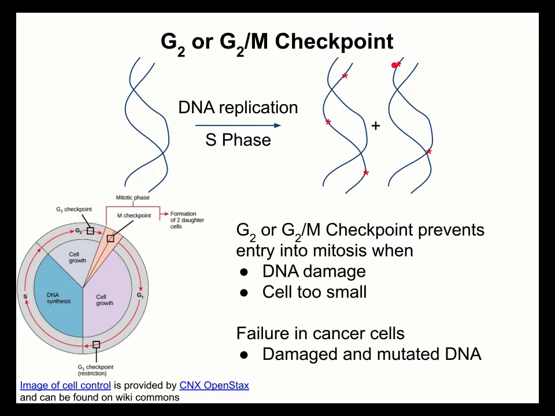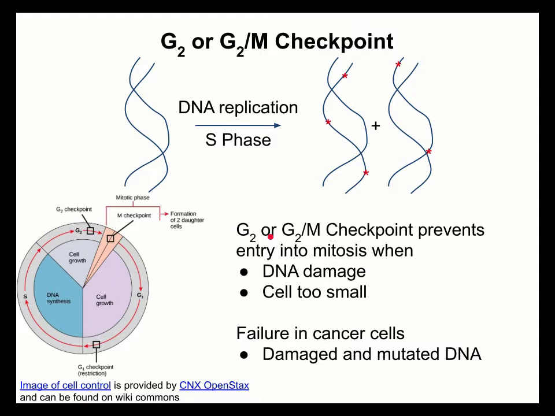But with G2 coming between S phase and mitosis, it's ideally situated to fix errors due to replication. It should make sense then that if DNA damage is too great and can't be repaired, the G2M checkpoint kicks in and prevents the cell from entering mitosis. So the G2M checkpoint halts cell cycle progression in the face of irreparable DNA damage.